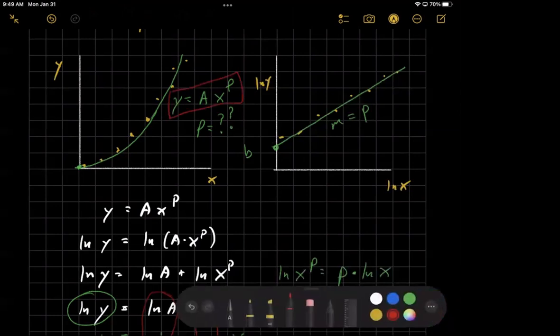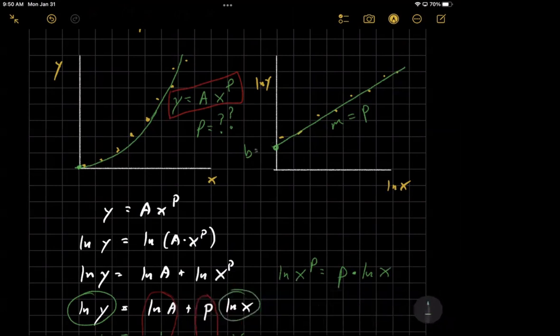The slope of our linearized data would give me the p value, and b would be equal to the log of a. So a would be e to the b. So by pulling the y-intercept and the slope off of the linearized data, we can figure out the constants to put in our power function.